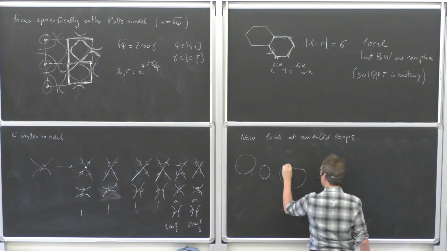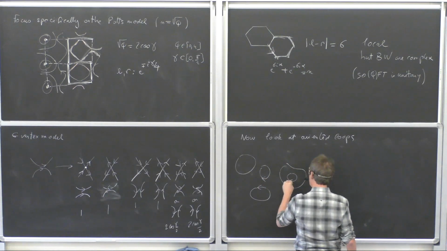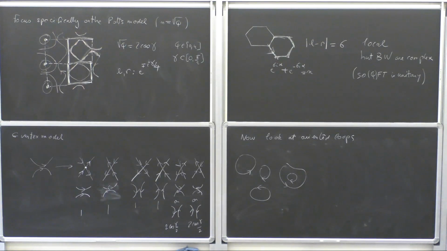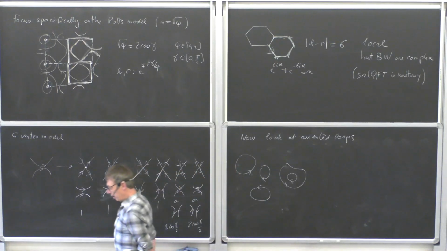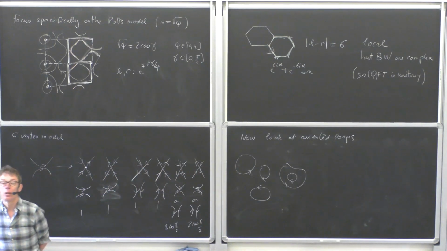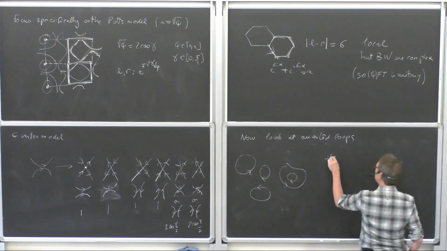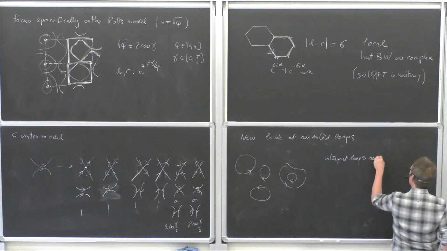Again, I'm doing some abstract construction, but when it comes to details, I'll probably go back to my model associated with the Potts model. Now look at the oriented loops and imagine that this loop represents domain walls. Okay, interpret the loops as domain walls.